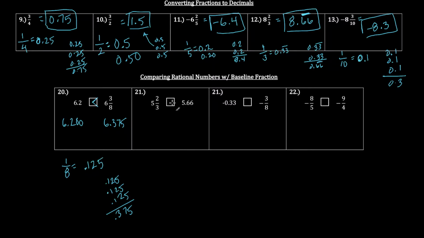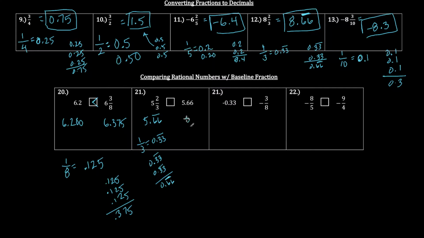Okay. Now we know that 1/3 is 0.33 repeating. That means forever. So we know that 2/3, that bar means it keeps going, is 0.66 forever. So this is really 5.6666666666.